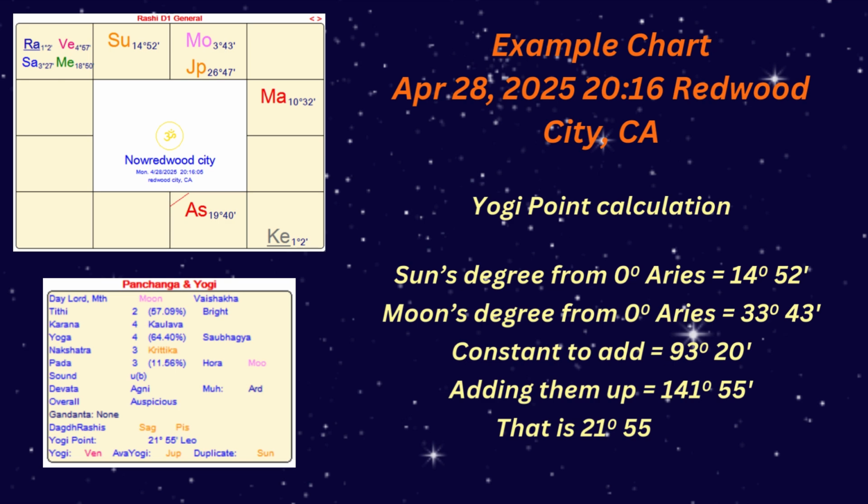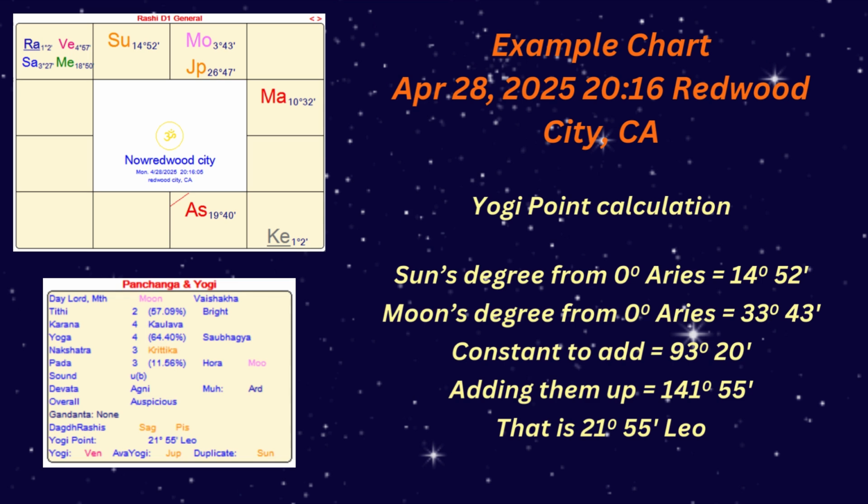Now for the Moon, this requires a bit more calculation. The Moon is not in Aries, so we need to determine its distance from 0 degrees Aries. To do this, first count the number of full signs before the Moon from 0 degrees Aries. In this case, that is one sign. Multiply that by 30 degrees, which gives you 1 times 30, 30 degrees.